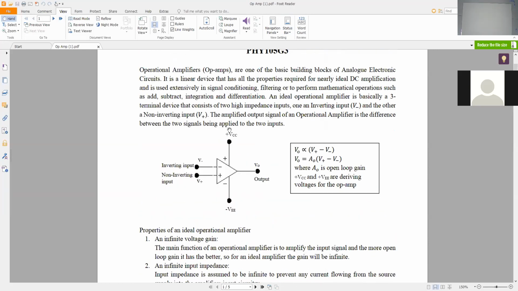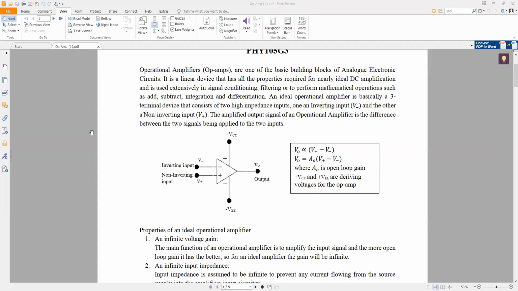As you can see in this figure, an operational amplifier is a 3-terminal device. Here you have an inverting input V minus, a non-inverting input V plus, and an output V out.